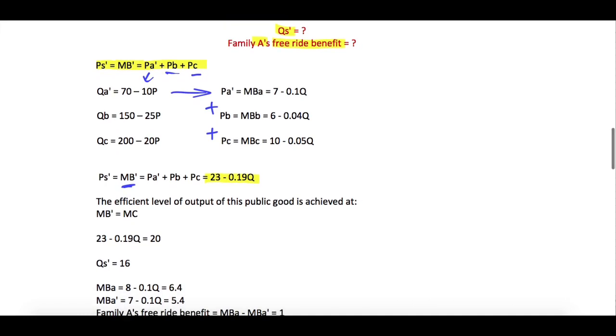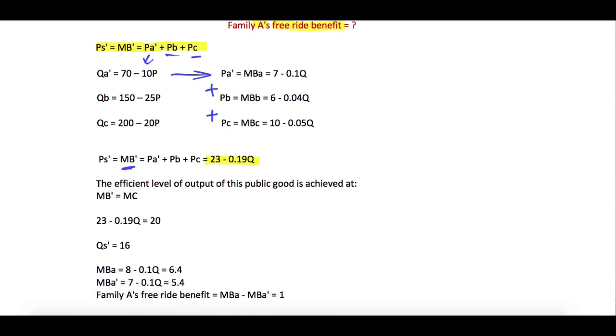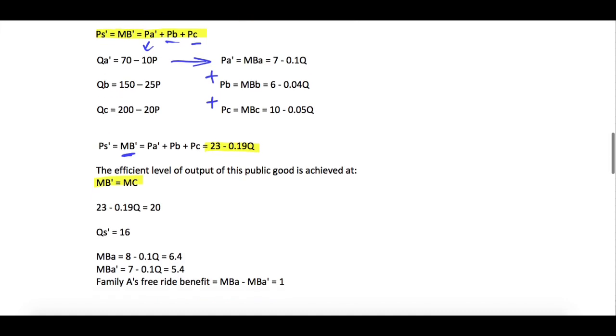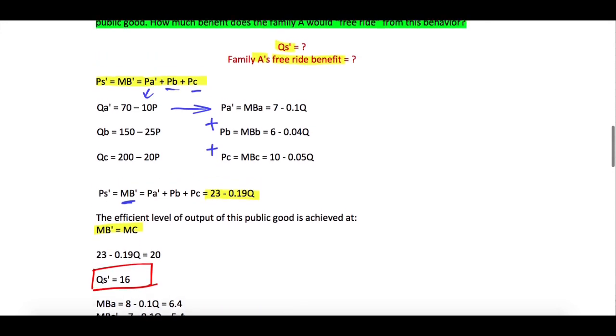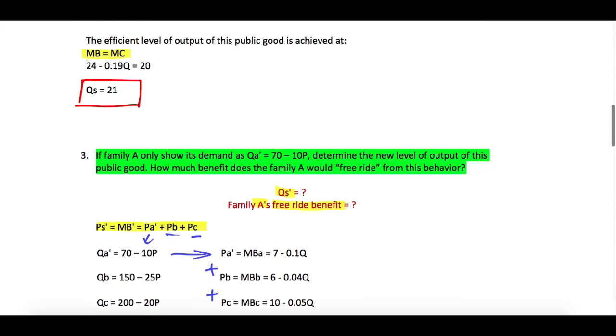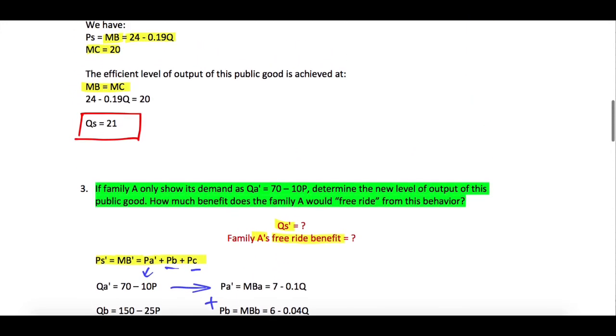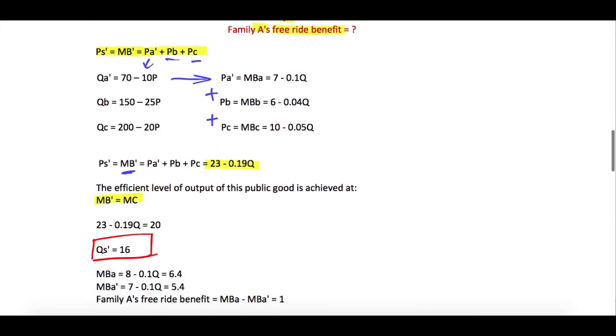From that, you can determine the new efficient level of output, achieved at MB' equal to MC, and we replace values to get the new output level of 16. You can notice that 16 is lower than the efficient level of 21.